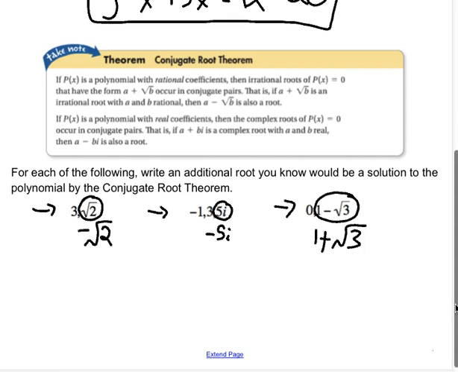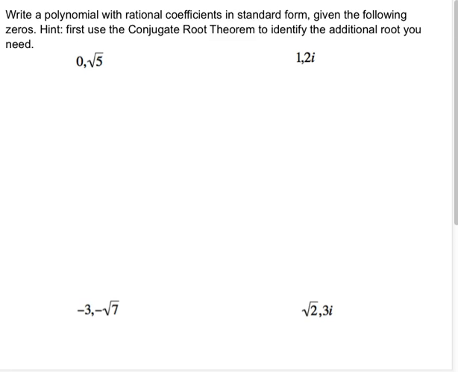So that's all the conjugate root theorem says, is it identifies when we're going to have additional roots. Okay? Now, how does this help us? Well, we're going to need it when we have some imaginary or radical roots, because we know they're going to come in pairs. Let's take a look.